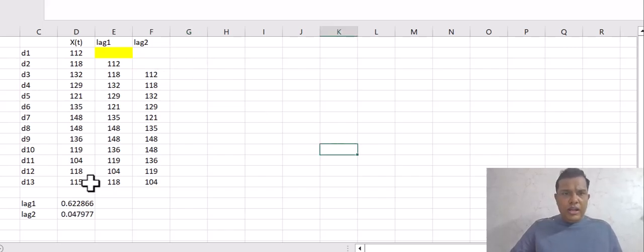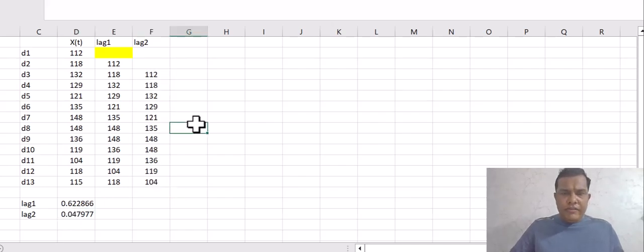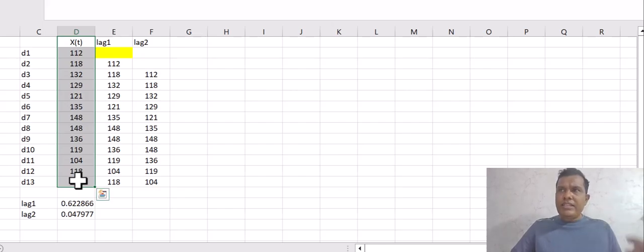The correlation between my original and lag 1 was 0.62. Original and lag 2 is 0.47, which means if I have to forecast for my next day, say Wednesday, I only need to look up the data of Tuesday, and no need to look up the data for Monday, or t minus 2.